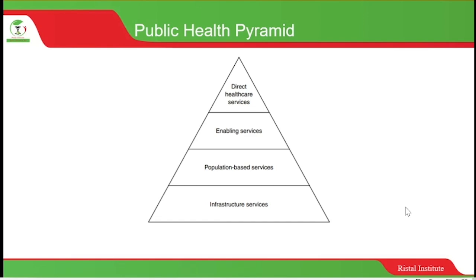Then the third one was enabling services. Enabling services, these ones just support the system that helps individuals and the community. Communities access and benefit from health care. This one, they just support the community to access healthcare services.